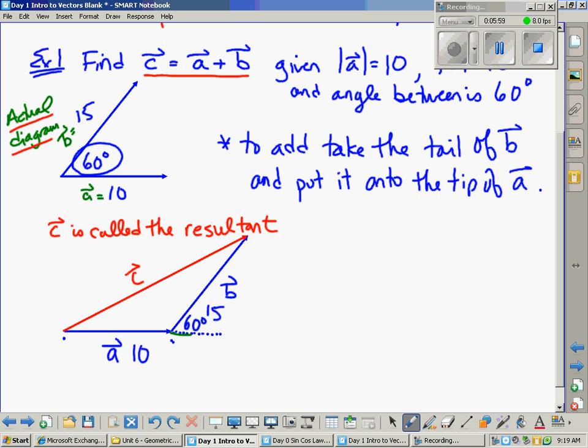Well, of course, if that's 60 degrees, the angle inside is 180 minus 60, so 120 degrees. This picture, remember, is called the vector diagram.